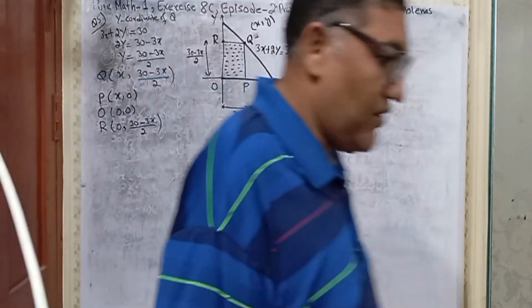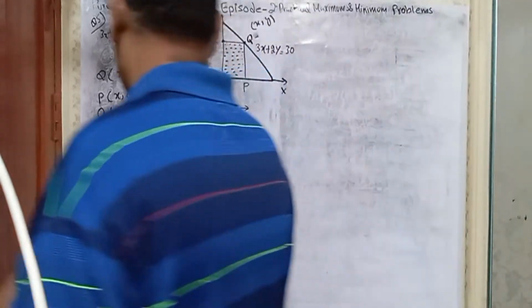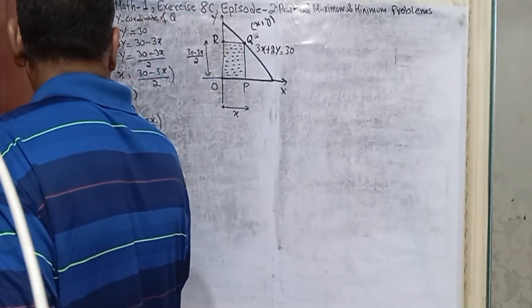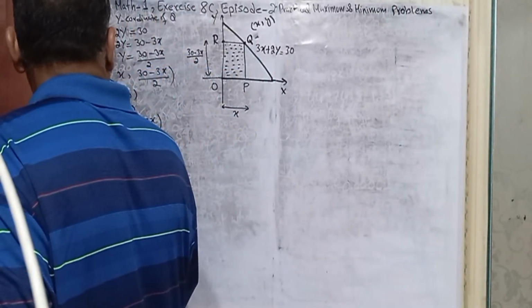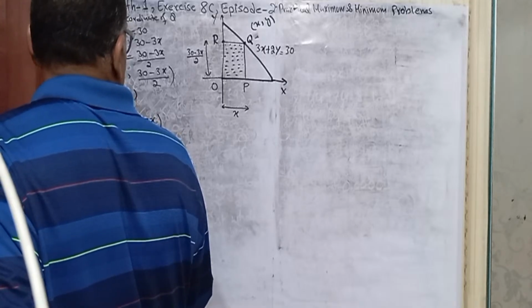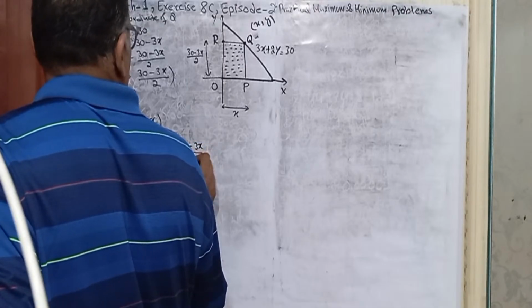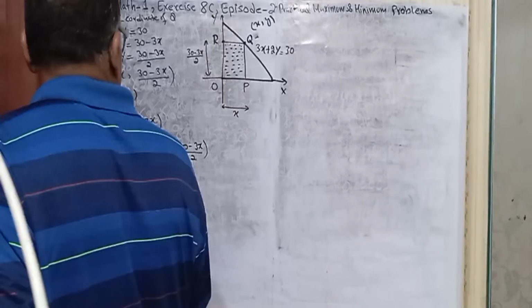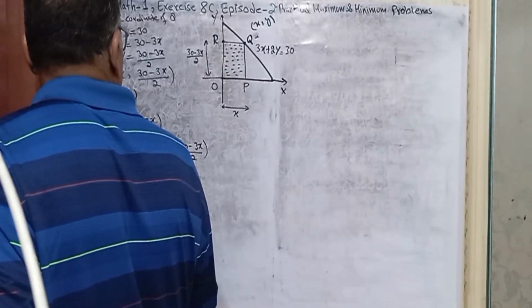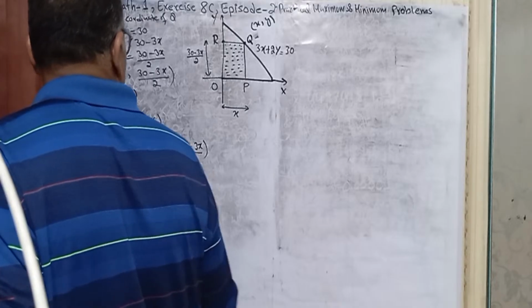Now that shape is a rectangle, so its area is simply length into width. So the area of OPQR will be equal to length into width. So the area equals 30x minus 3x squared divided by 2.